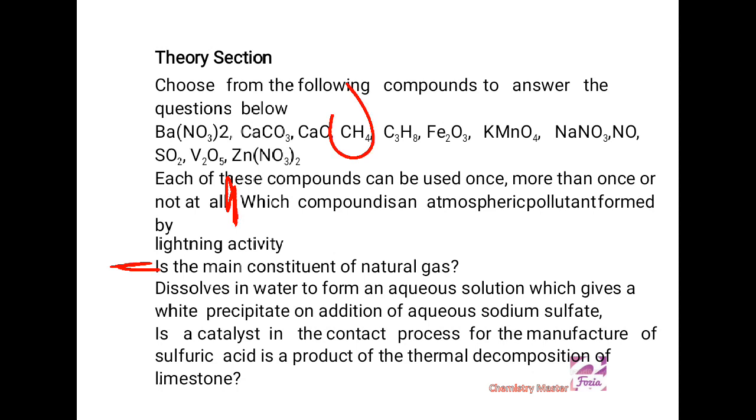Then, which compound is dissolved in water to form an aqueous solution which gives a white precipitate on addition of aqueous sodium sulfate? Okay, this is a tricky one, but don't get scared of this question, because when you study the chapter on salts, you come to know that there are certain chemicals which combine to form insoluble solid products which are called a precipitate.